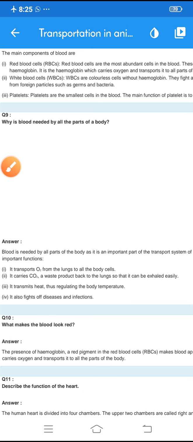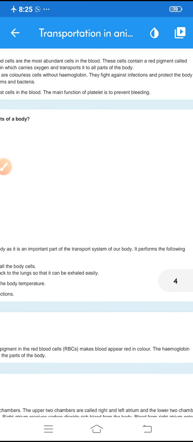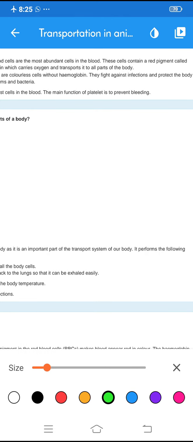What do they do? They fight against infections and protect our body. This is very, very important. Infections means disease-causing microorganisms.